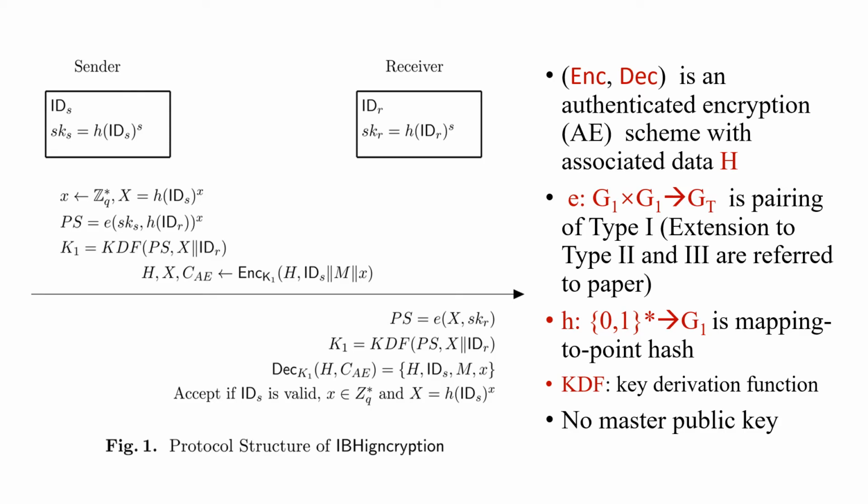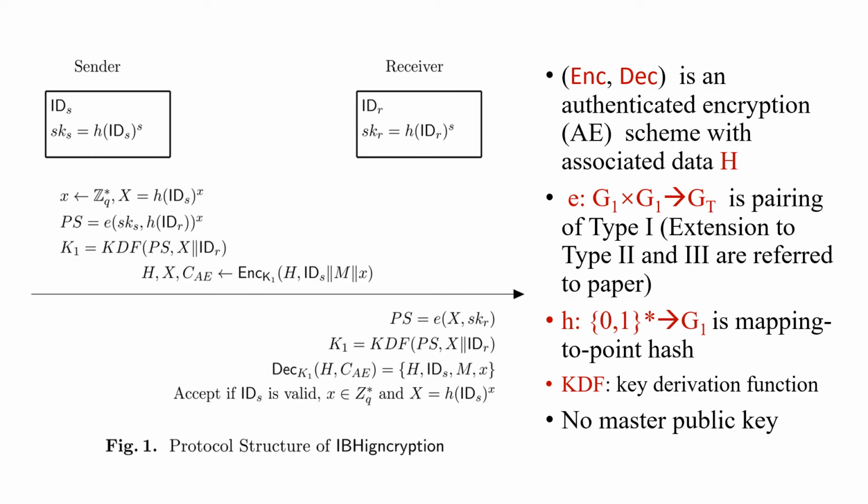After receiving them, the receiver computes PS as the pairing of big X and its own secret key, and then derives K1 from PS, big X, and its identity. And then the receiver uses K1 to decrypt the ciphertext CAE to get the sender's identity, the message M, and the exponent small x.